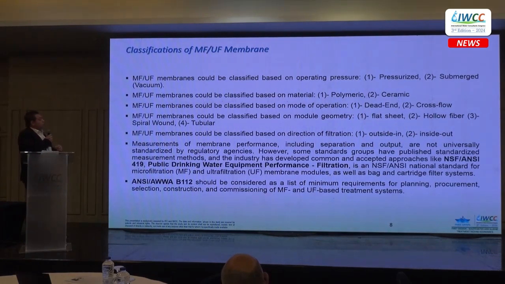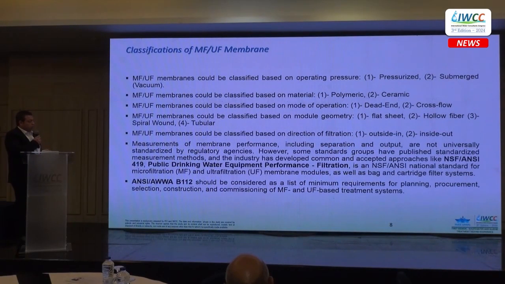Classifications of microfiltration and ultrafiltration in a hurry. We could classify them according to operating pressure, pressurized or submerged, or according to material, polymeric or ceramic. We could classify them also according to the mode of operation, either dead end or cross flow. We could also classify them according to module geometry: flat sheet, hollow fiber, spiral wound, or tubular.